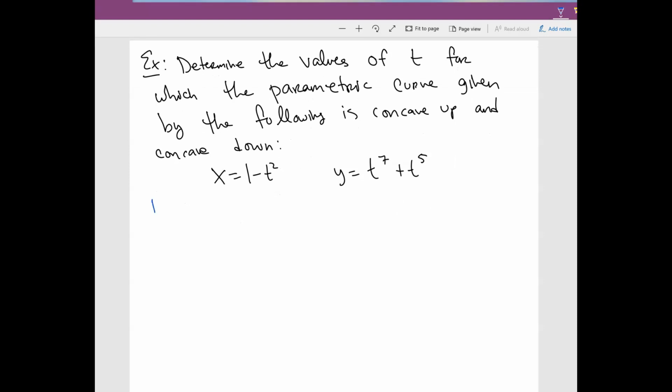So let's start with the first derivative. We have dy over dx equals dy over dt divided by dx over dt. We start with y. The derivative is 7t to the 6th plus 5t to the 4th, divided by the derivative of the second part, which is negative 2t.